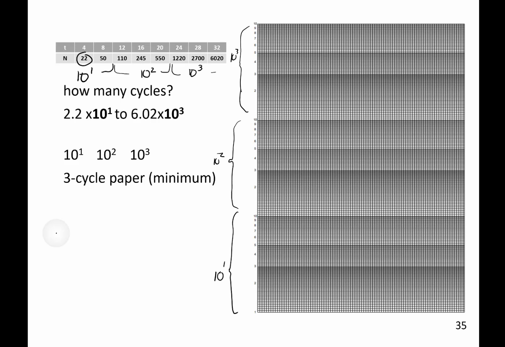Now you don't need to write in these brackets like I've written them, but it's just to explain what's going on. So here, this first cycle represents all values between 10 and 100. Next cycle, all values between 100 and 1000. And the last cycle, all values between 1000 and 10,000.